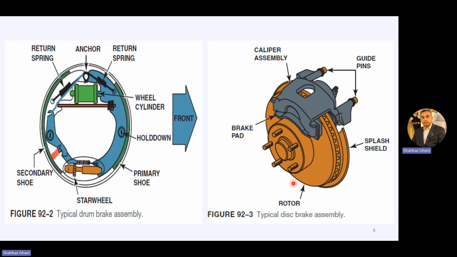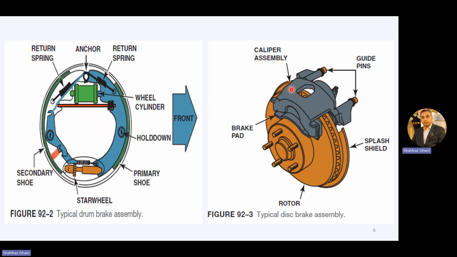Now coming towards the typical disc brake assembly, as I have already explained, this is your rotor or disc which is moving along with your wheel. This is your caliper assembly. These are the guide pins, brake pads on both sides, splash shield.